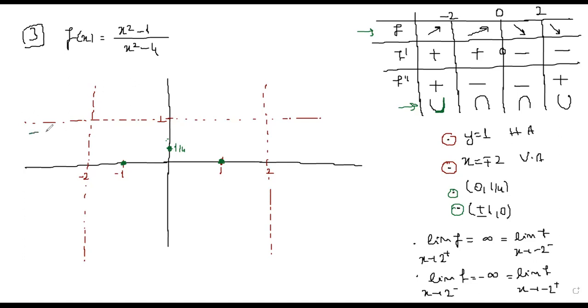But if we sketch it like this, it will look like this, right? But this is downward. It cannot be a part of the graph. So it will look like this. Also, you can use this info. For example, when we're approaching -2 from left, it's approaching infinity. So here, as you see, it's infinity.